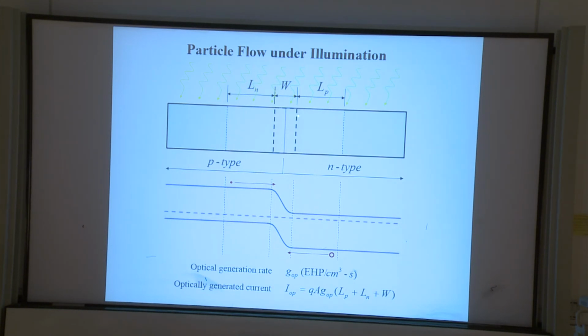So there's a parameter called diffusion length. Diffusion length means the average length a particle travels before it collides and disappears during its movement in the semiconductor. This is a material property, and it is a function of doping.